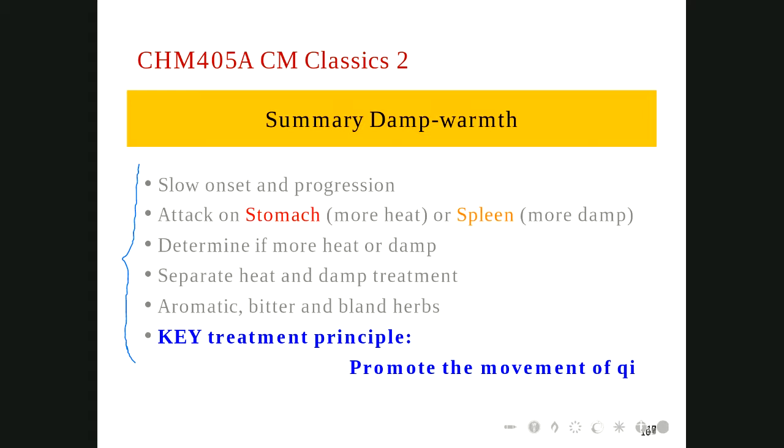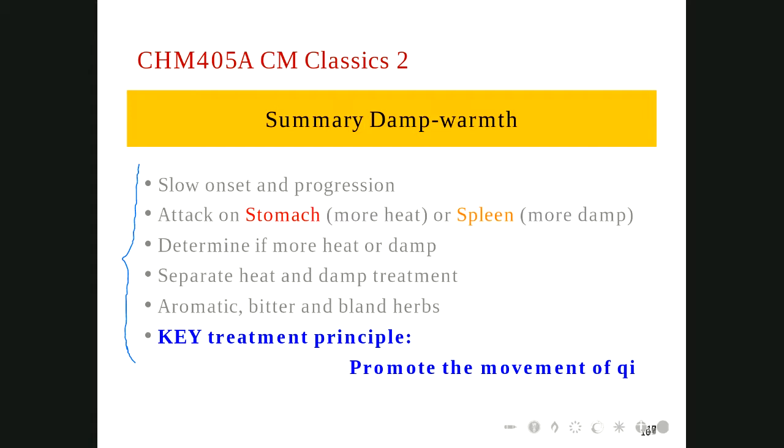So either equal for both heat and damp pathogens, or heat more than damp, or damp more than heat. And separating the heat from the damp is the basic ideal treatment. You may ask, how can I separate the damp from the heat pathogen, which is impossible? But basically, they call that separated.